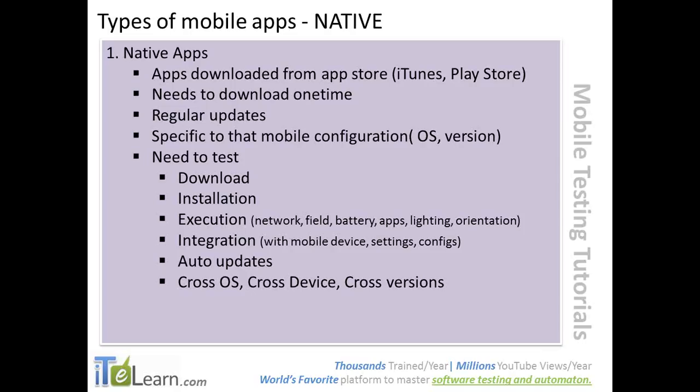So there are differences in how they are developed and how they are configured, but they have to look the same, they have to work the same and behave the same. So that becomes very critical for your native apps, because what you're seeing is different apps on different platforms.